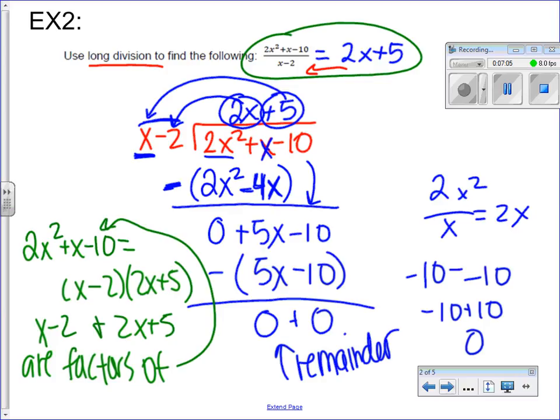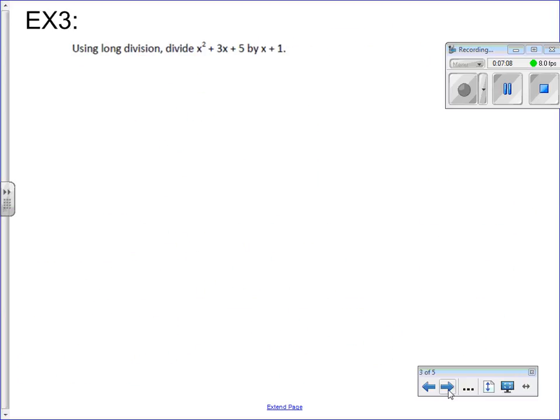All right, so let's go on. Let's do another example. Use long division. We want to divide x squared plus 3x plus 5 by x plus 1. Okay, so what I'm dividing by goes on outside, and this goes underneath. So, how many times does x go into x squared?